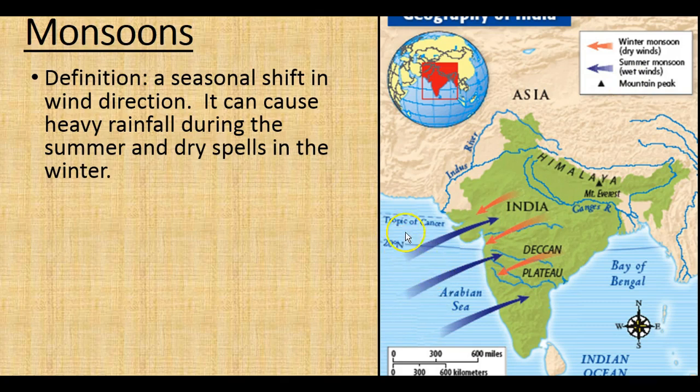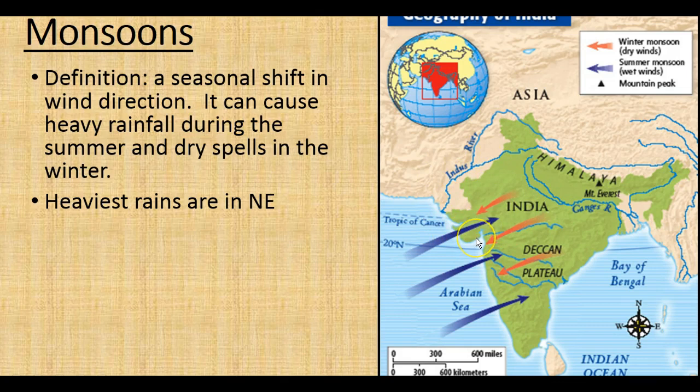So the blue arrows in the summertime, you get a lot of rain coming with these winds, okay? And then in the winter time in India, you still get winds. They don't bring the same kind of rain, and they're coming from the Himalayas, these dry winds right here. Okay, so the heaviest rains in the summer monsoon season are in the northeast, up here.